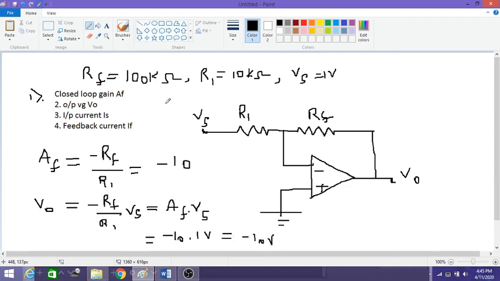It means we are applying a sinusoidal voltage of, say, 1 volt peak to peak, and we are getting an output voltage of minus 10 volts peak to peak, which is 180 degrees out of phase. That is why the minus symbol represents.